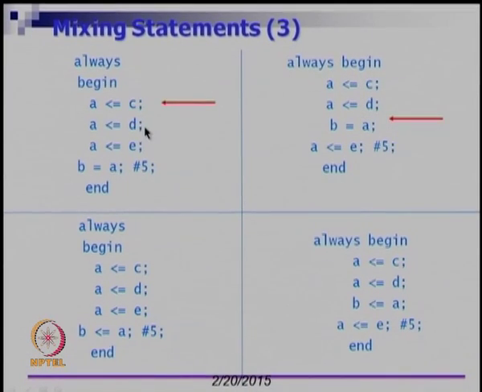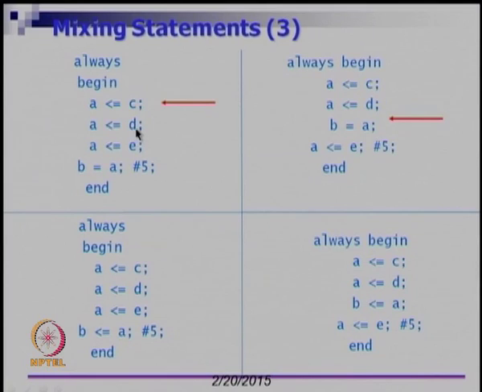A equals C, A equals D, A equals E, right. So, I have 3 non-blocking statements. First one is trying to assign C to A, the second one is assigning D to A, and third one is assigning E to A. So, in time step 0, we are saying that schedule C for A in the future.